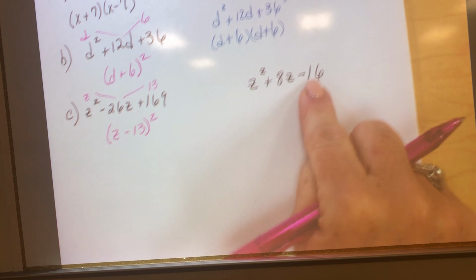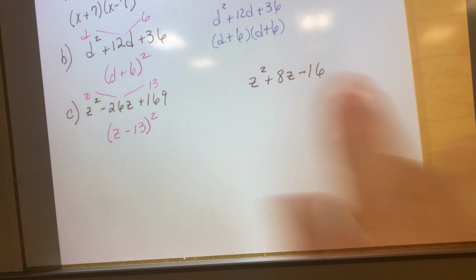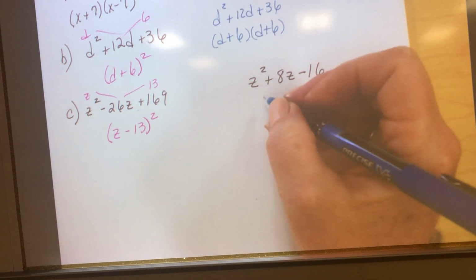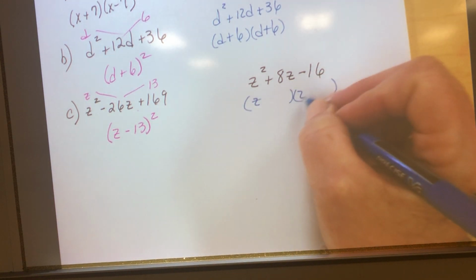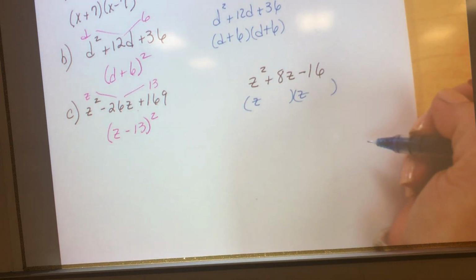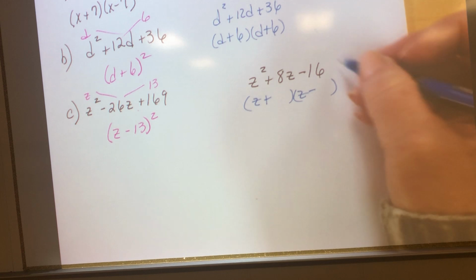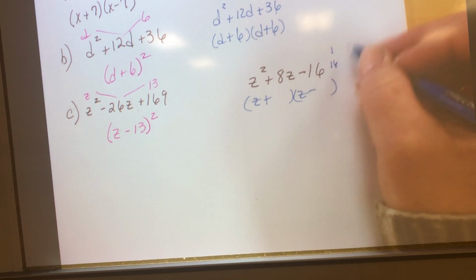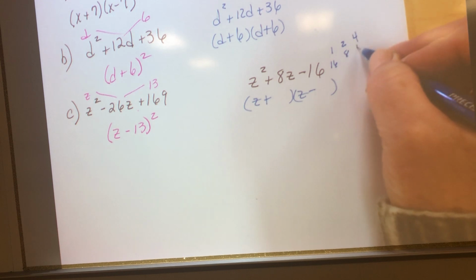So this guy is not special because that's not a plus sign. So that means I have to factor like this. What's a minus sign at the end mean? They're different. So I got a plus and a minus. The factors of 16 are 1 and 16, 2 and 8, 4 and 4.